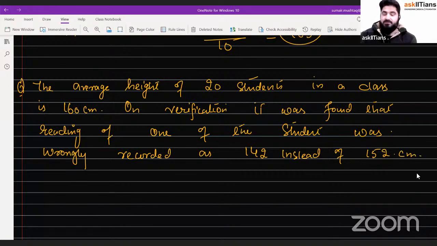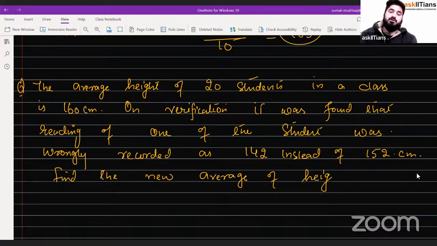So instead of 152, it was written 142. Find the new average height.